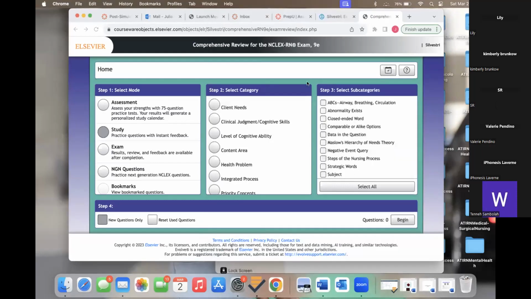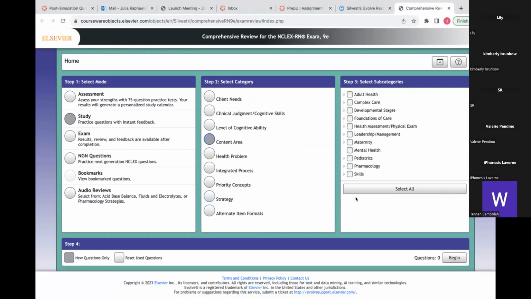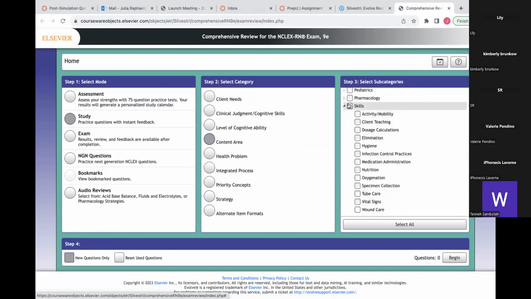Okay. All right, click where it says study on the left. Yes, I have that up. And then click content. The content area. And then next to that skills, click that little arrow. Click dosage calc.